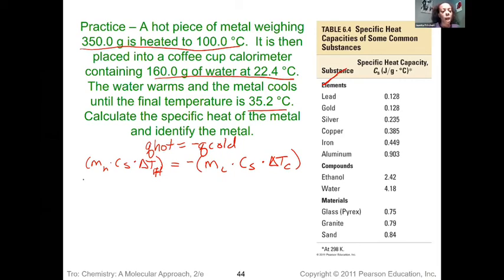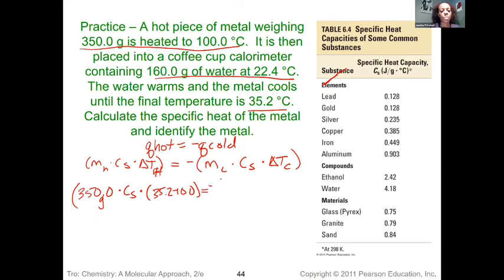The mass of my hot object is 350. I don't know what the specific heat is. That's what we're solving for, so that remains the same. And then my change in hot temperature, I started at 100 degrees. And so we would put that in as our initial. And our final is 35.2. Okay, those are both degrees Celsius.